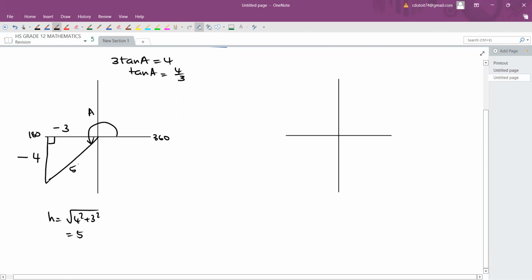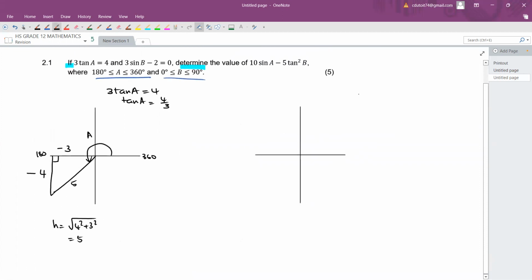So that triangle is sorted. Then the next one: it's not sin A, it's 3 sin B. 3 sin B minus 2 is 0, so 3 sin B is 2, and sin B is 2 divided by 3. And I'm only allowed to do B between 0 and 90 degrees, so it's the first quadrant. Are you all happy?